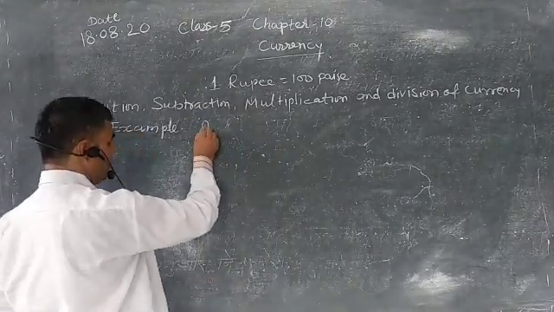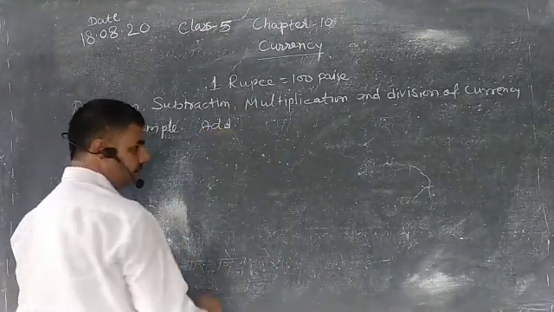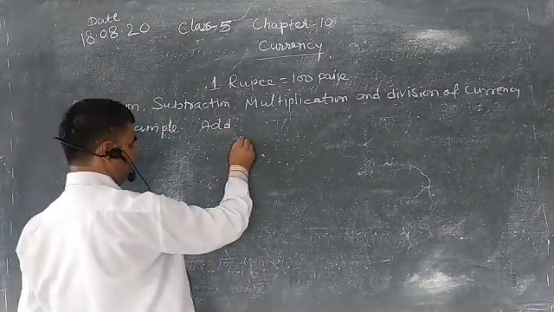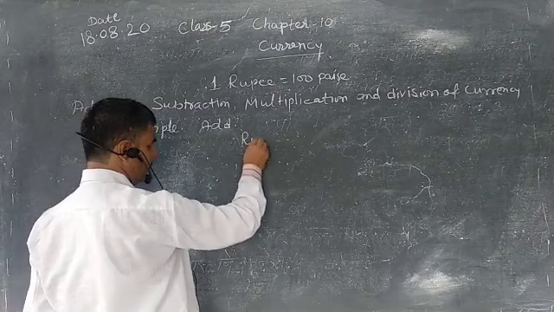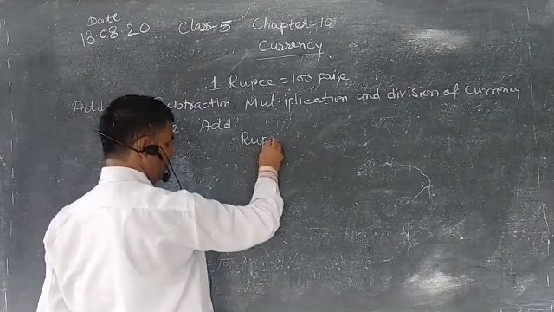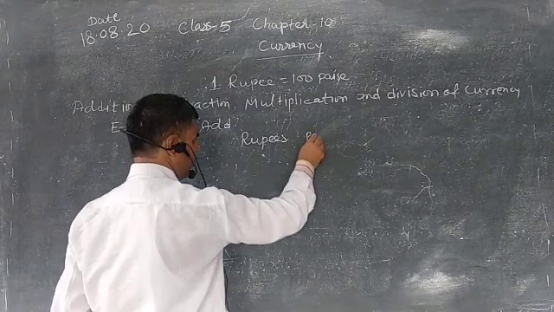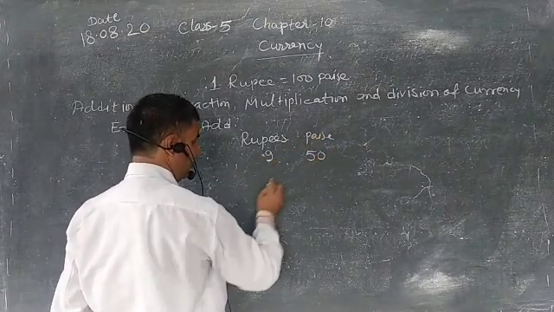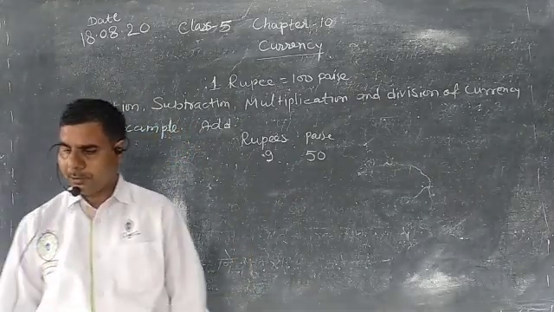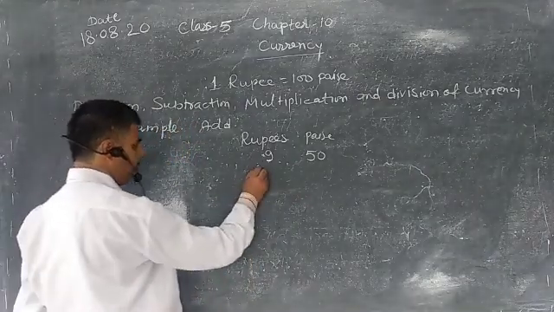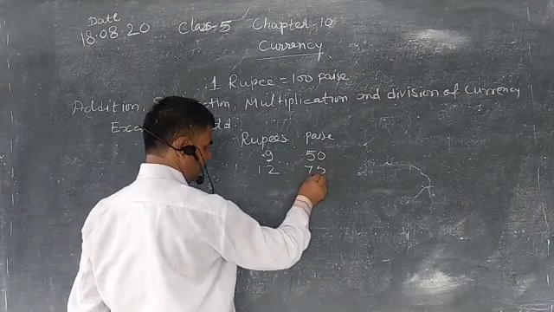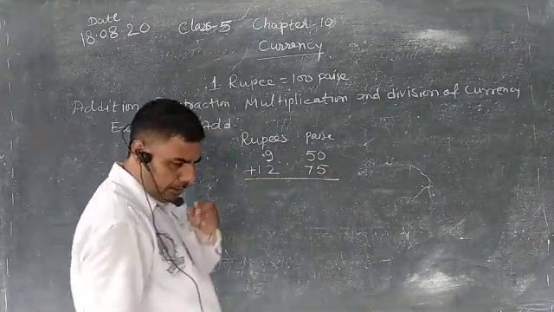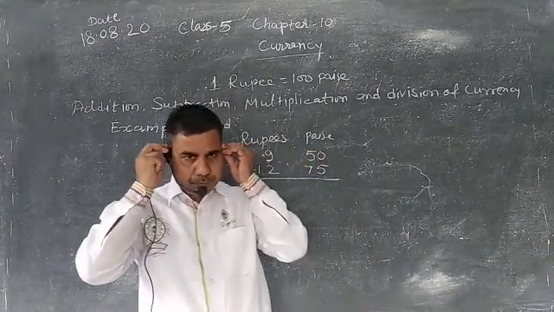Suppose we want to add 9 rupees 50 paise and 12 rupees 75 paise. Then what will we do?